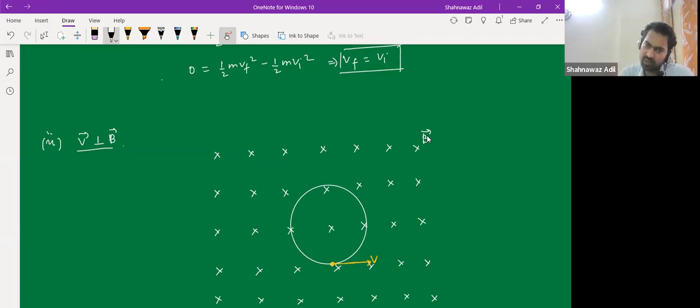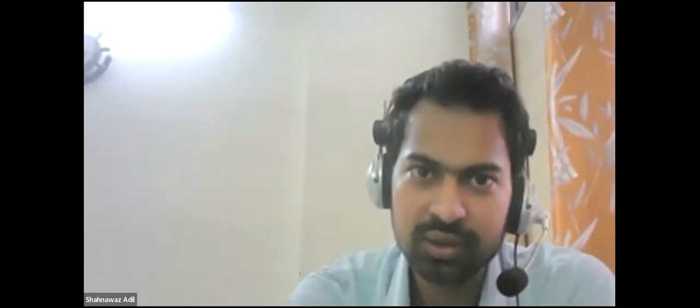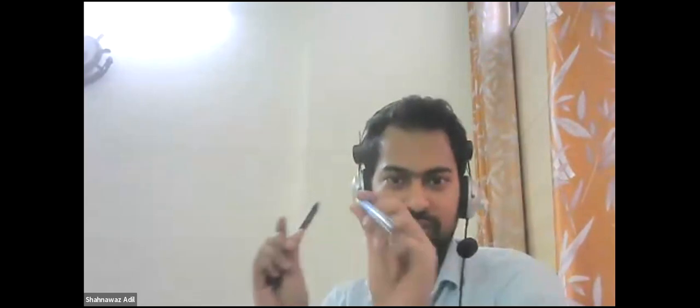So the magnetic field is inwards. It is coming at you, and the velocity is to the right. You can see that.